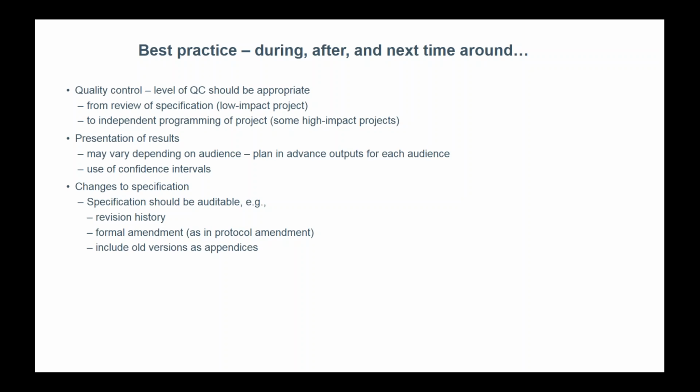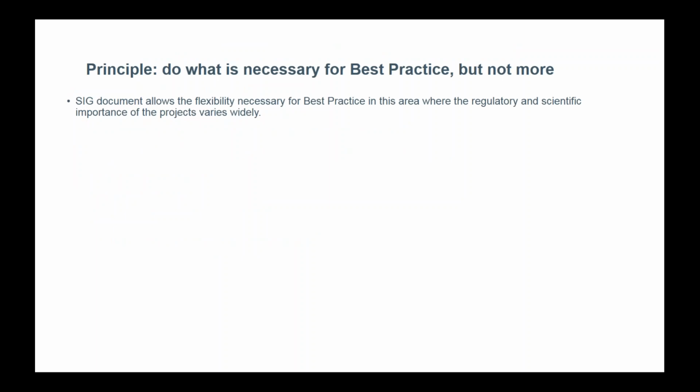Use of confidence intervals is recommended, and we have some recommendations about how to manage changes to the specification. So the overall principle is to do what's necessary for best practice, but not more. And our aim was to allow the flexibility necessary for best practice in an area where the regulatory and scientific importance of projects varies widely.